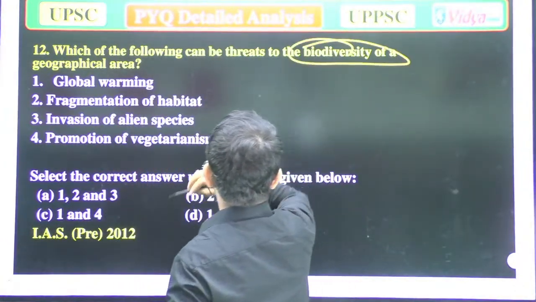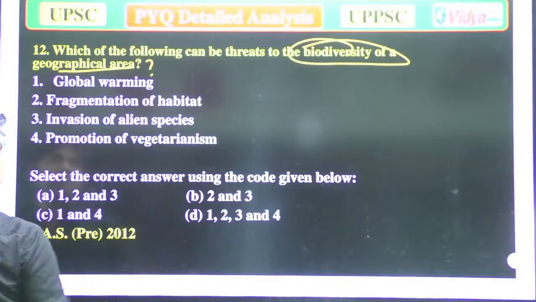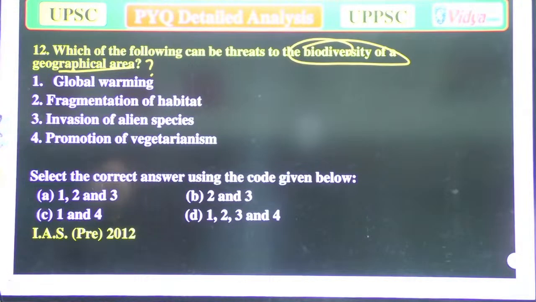A, global warming. B, fragmentation of habitats. C, invasion of alien species. And D, promotion of vegetarianism. Select the correct answer using the code below. Options are A, 1 2 3, B, 2 3, C, 1 and 4, and D, 1 2 3 4.